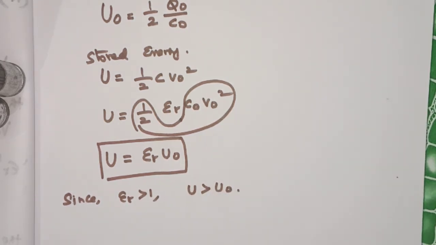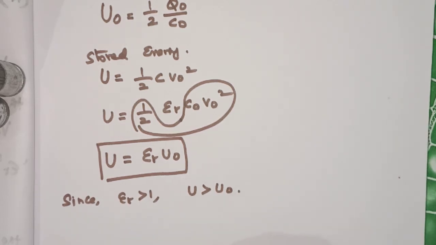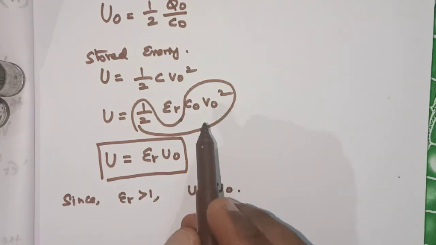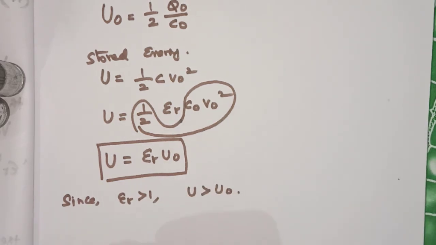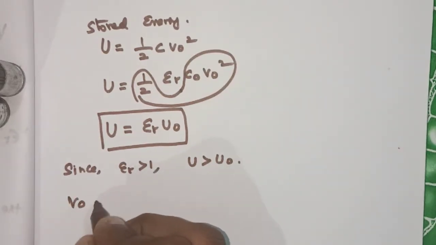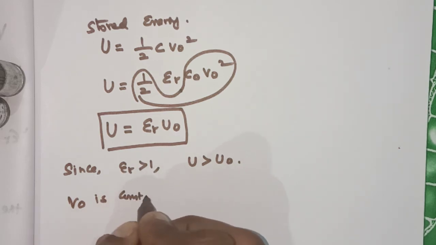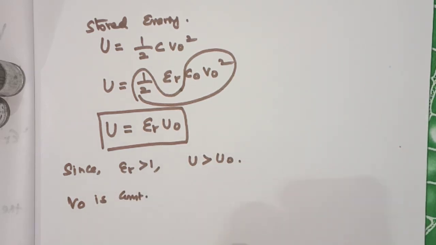It may be noted here, the voltage between the capacitor V naught is constant. The electric field between the plates is also constant.